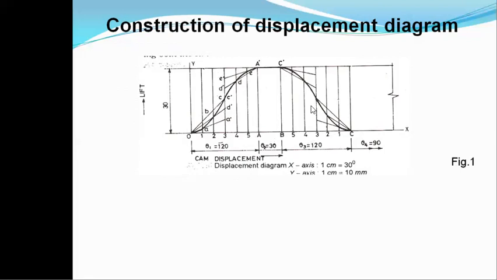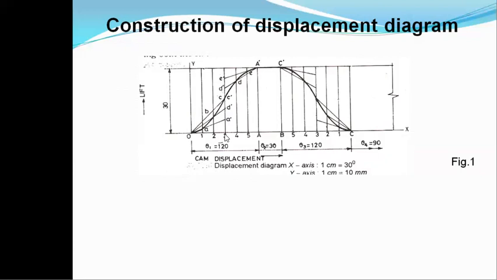Draw vertical lines from each point for both outstroke and return stroke. From the middle point, say 3 here and 3 dash in the other, divide the vertical line of stroke length into the same even number of equal parts, say A dash, B dash, and so on.